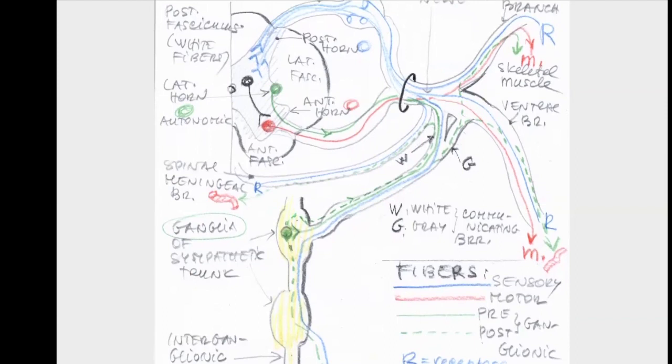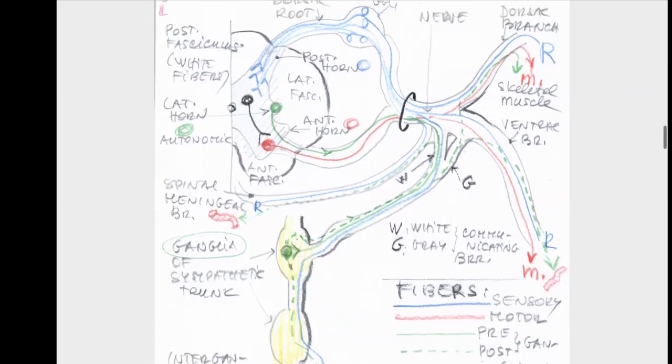But we register them via the blue lines. They end in the posterior horn of the spinal cord. Some of them go to the lateral horns, and from the lateral horns run the fibers, the green ones, to the following interconnections, which is, as we said, ganglia.